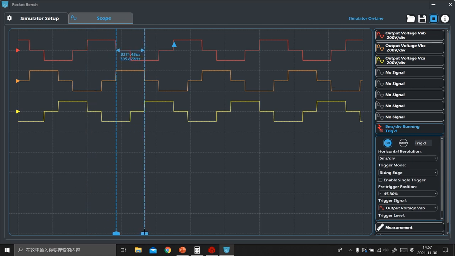Similarly, we can also measure the phase difference between phase B and phase C. The time difference is about 3.3 milliseconds, which is about 1/3 of the whole period. So the phase difference between phase B and phase C is also 120 degrees. So it means the DSP controller can generate the correct 3-phase pulses interleaved by 120 degrees for the 3-phase square wave inverter.